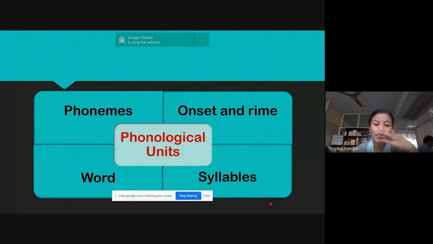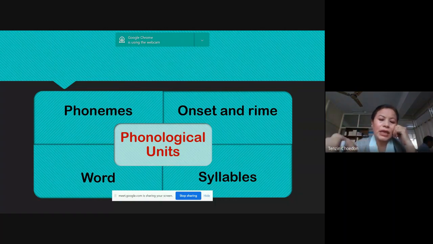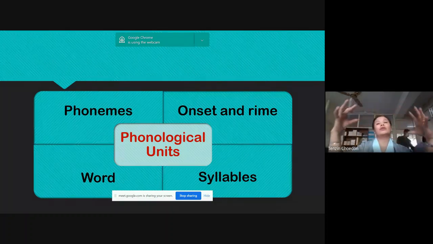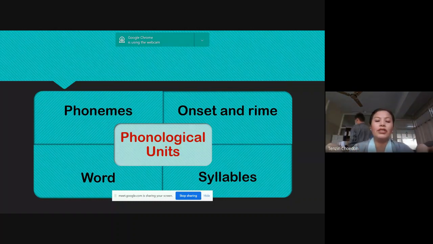So now if you look at this, phonological units. What you can see here is phonemes, the smallest unit. This we can take as the umbrella, the broader part, and phonemes is just one part of a phonological unit.